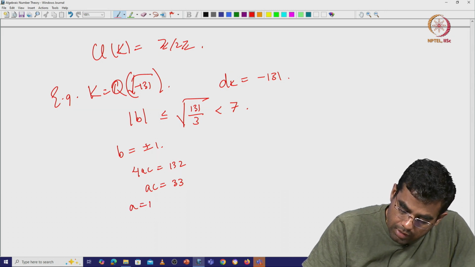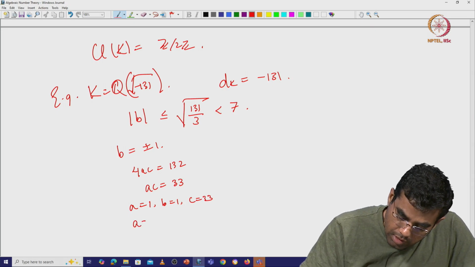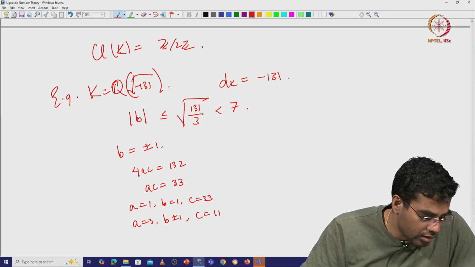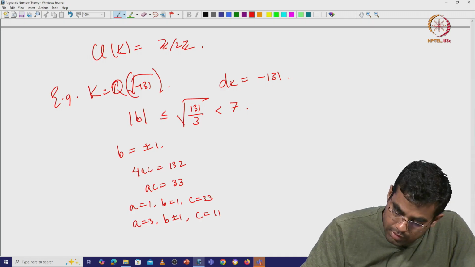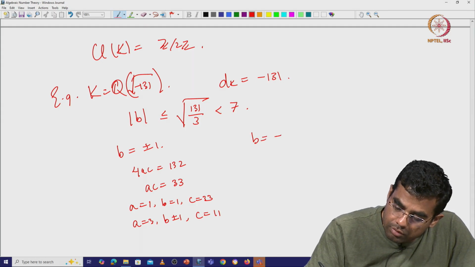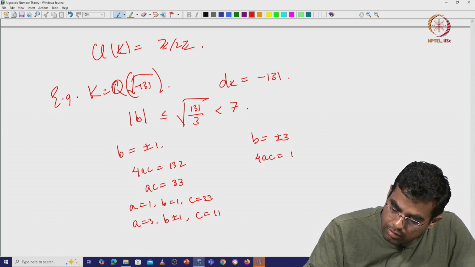So, then a is 1, b is 1 and c is 33, or a is 3, b is plus or minus 1 and c is equal to 11, and I think that is about it for this particular case. But you can also have b to be plus or minus 3, in which case 4ac is equal to 140, and so ac is equal to 35.